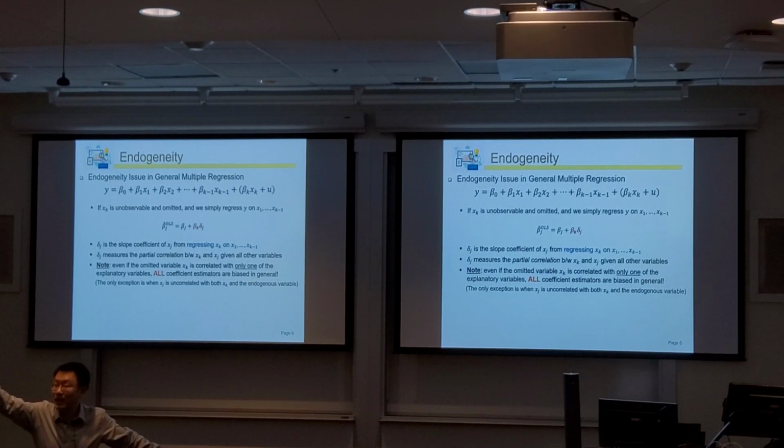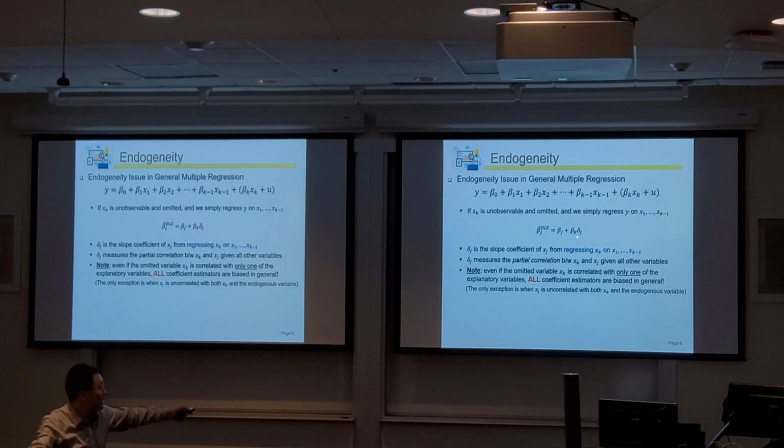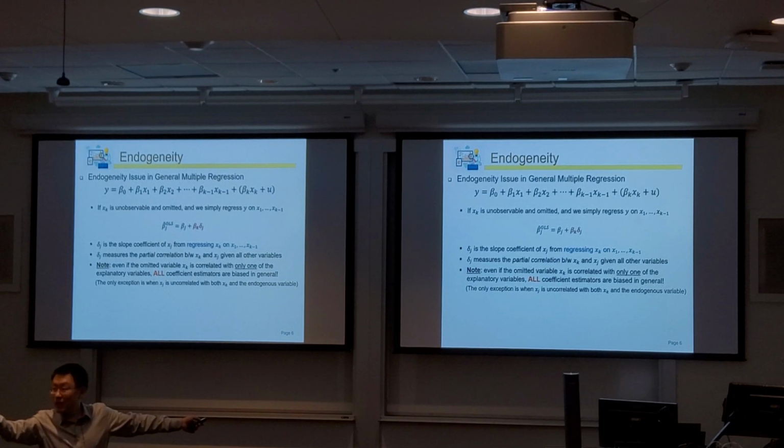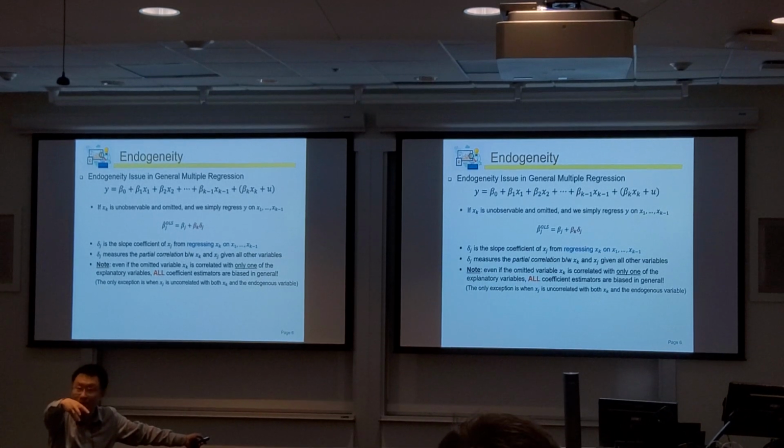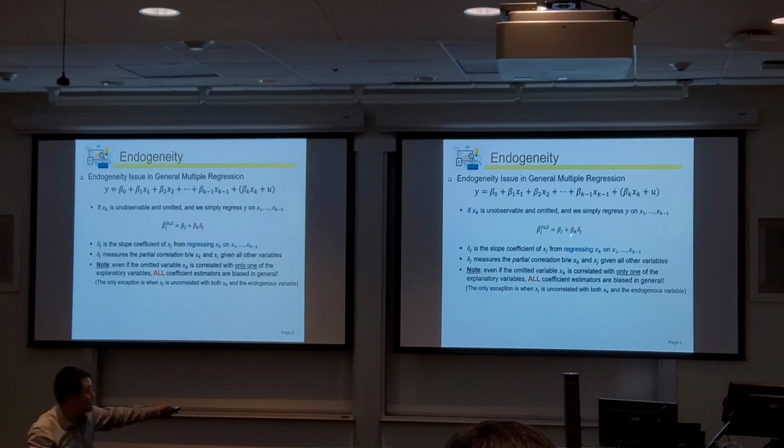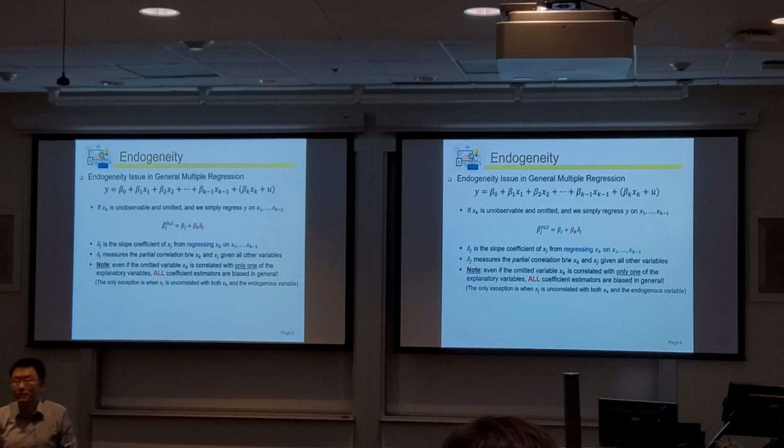Let's say people with higher ability still earn higher salary, so beta K is still positive. But if ability is negatively correlated with years of schooling, then delta J is negative. So as a result, how will our OLS estimator be biased? It will underestimate the true beta J. The OLS estimator will be lower than the true beta J.